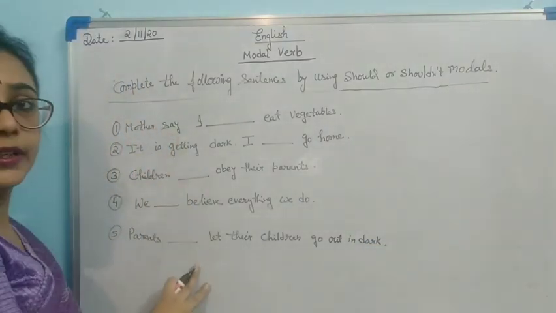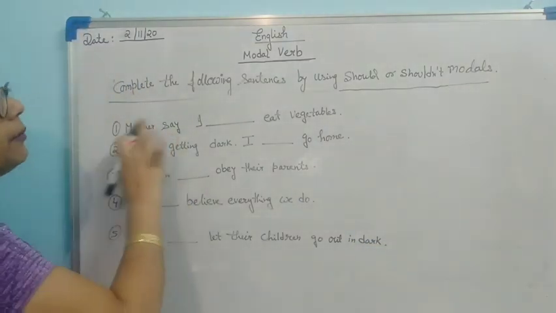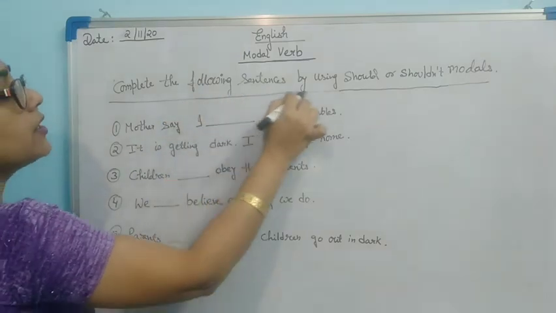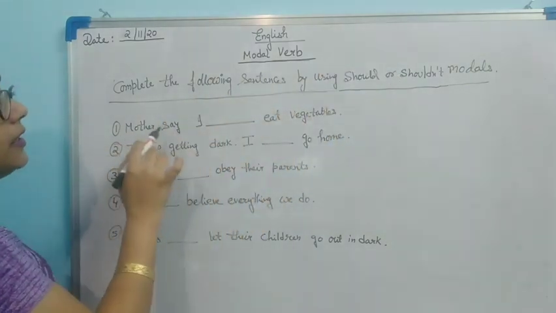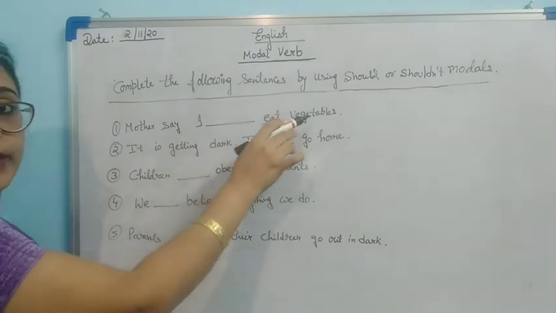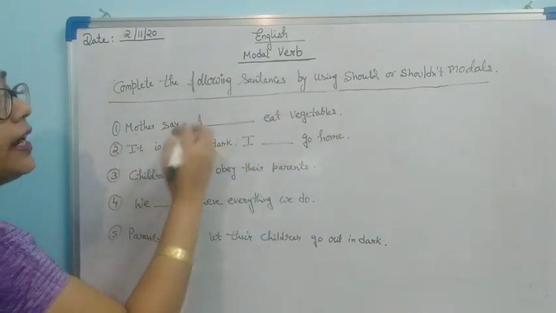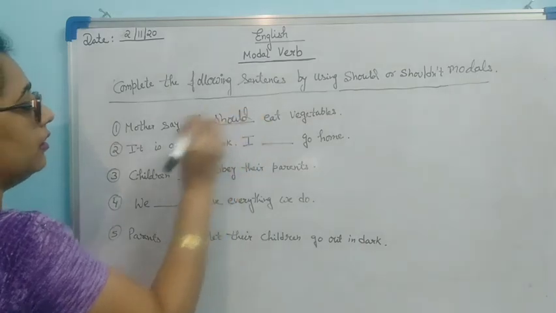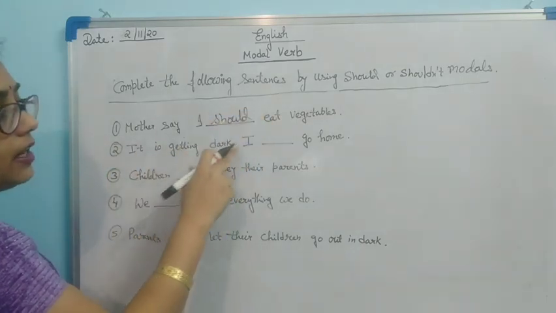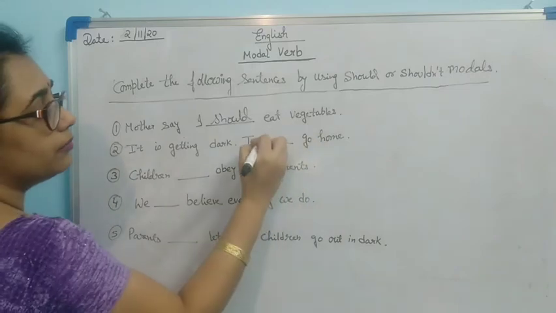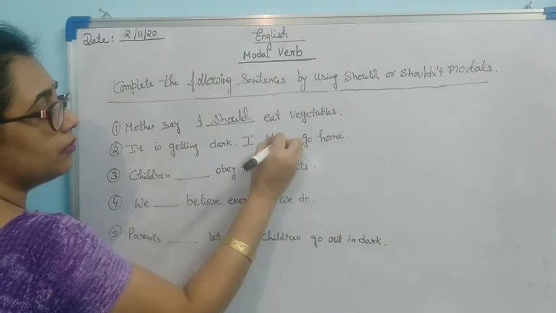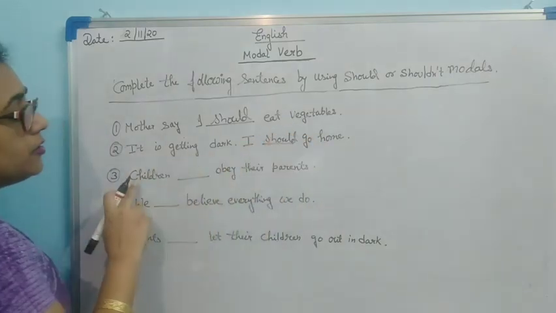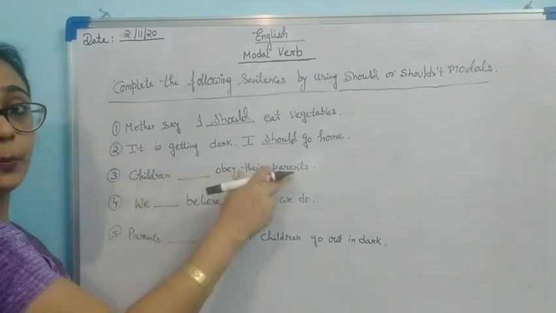Here are 5 sentences. Let's fill. Complete the following sentences by using should or shouldn't. Mothers say I dash eat vegetables. Mothers say I should eat vegetables. It is getting dark. I should go home. Children dash obey their parents.